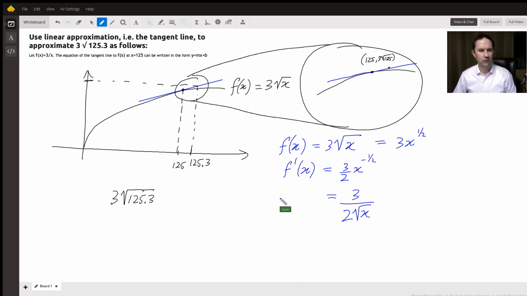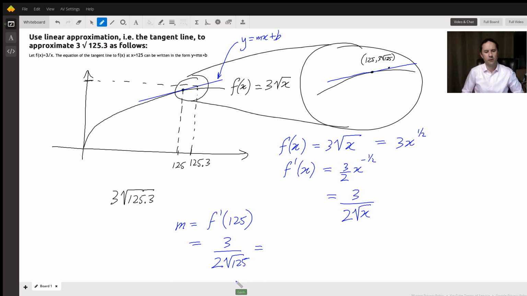Now, the slope, so this function here has the equation y equals mx plus b. The slope m equals the derivative evaluated at 125. The root of 125 is not a perfect square, so are there any perfect squares in there?